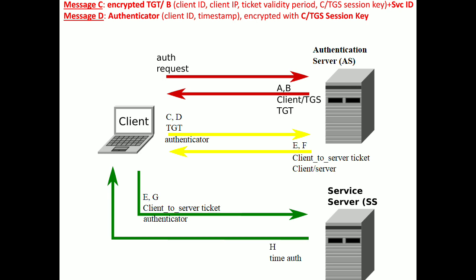Now this session key is not known to the TGS, but it will only be known to the TGS once it decrypts message C. So it will be considered a mutual authentication that the TGS is the legitimate one, because it can decrypt message C, and therefore it can decrypt message D, which is encrypted with the session key stored in message C.